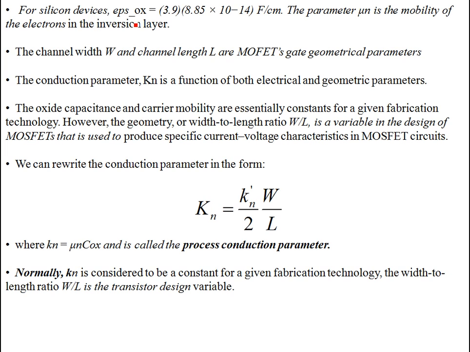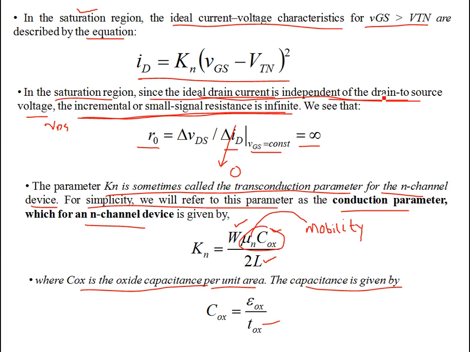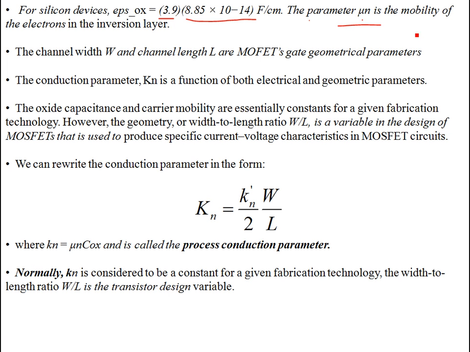For silicon dioxide, for example, the relative permittivity is 3.9, and that's how you find the permittivity in farads per centimeter. The parameter mu n, seen previously in the expression of Kn, is the mobility of electrons in the inversion layer.